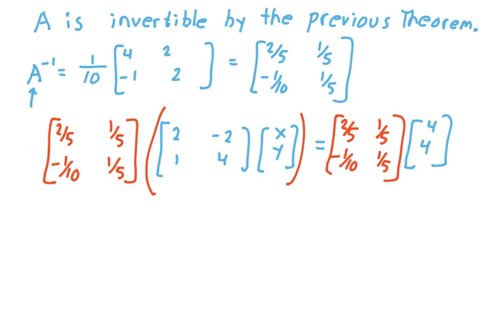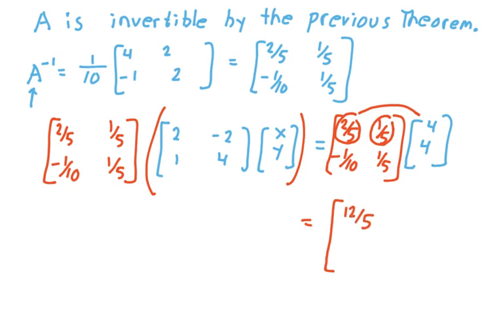Now, on the right side, think of this as the dot product. I'm going to take 2/5 times 4, and then I'm going to take 1/5 times 4 and add them. When I do that, I get 8/5 plus 4/5, which is 12/5.